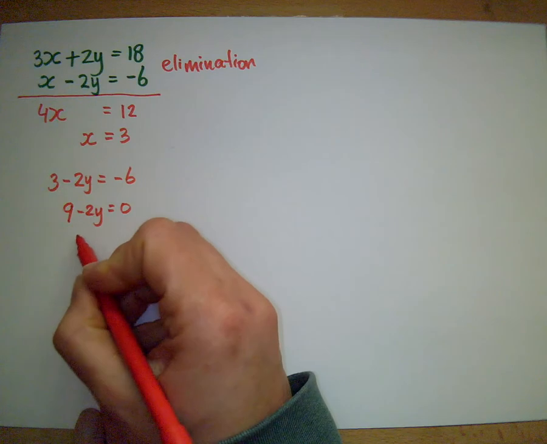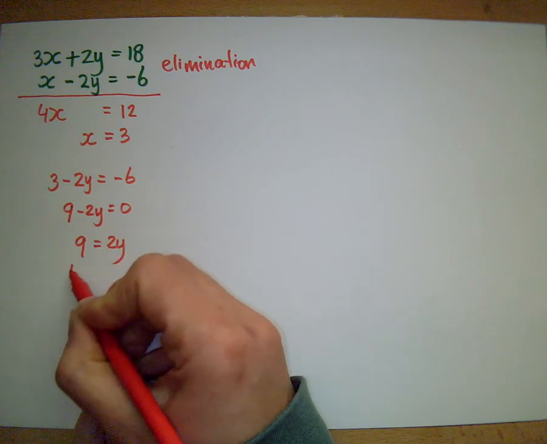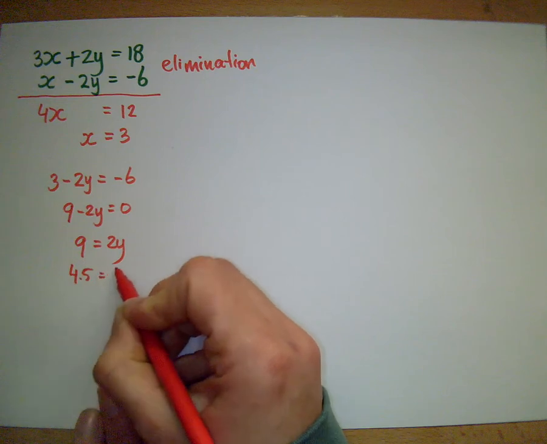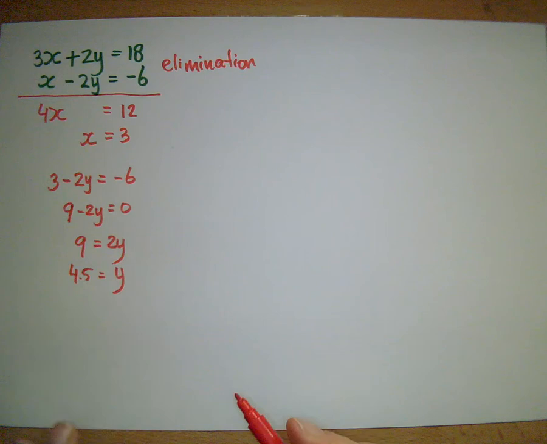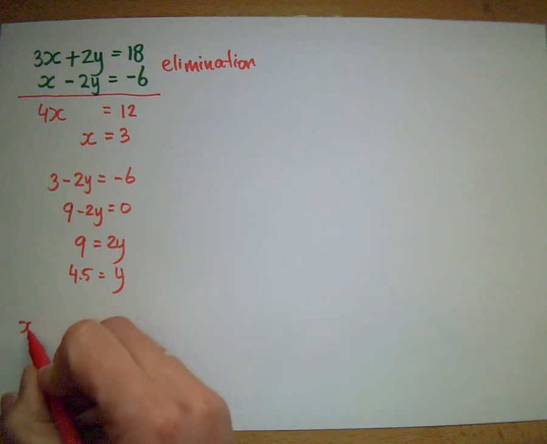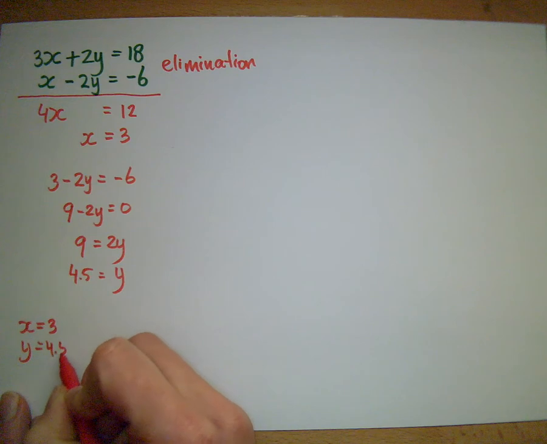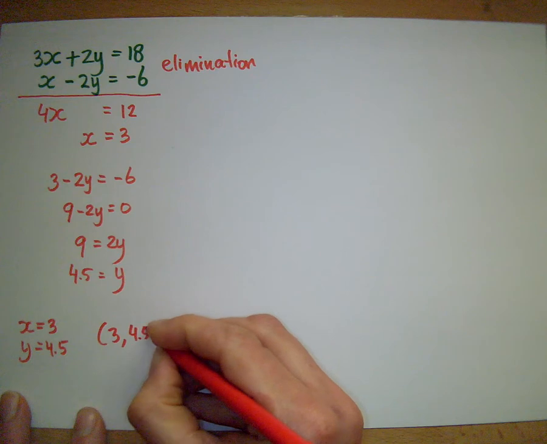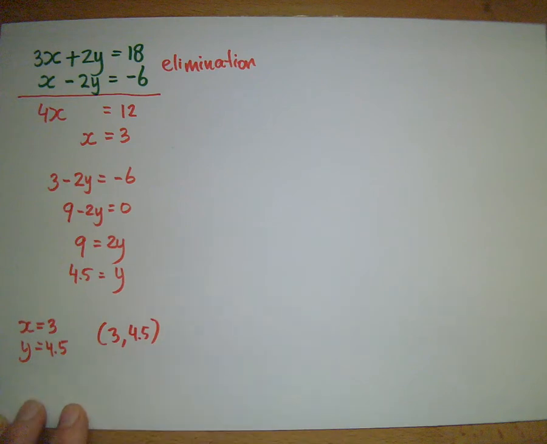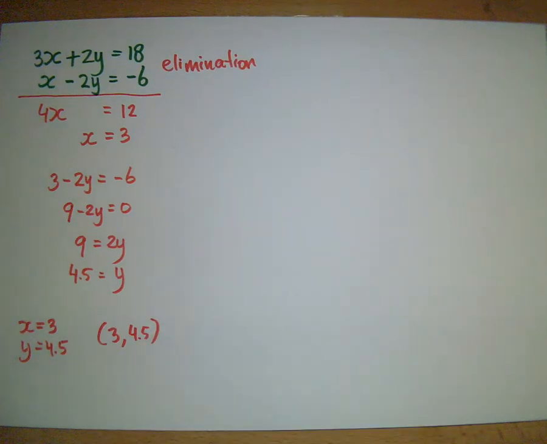I'm going to put 2y over there. 2y, and apparently y equals 4.5. So we could say x equals 3, y equals 4.5, or we could state it as coordinates, 3, 4.5. This is what you already know, called elimination.